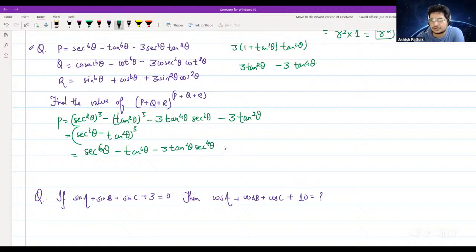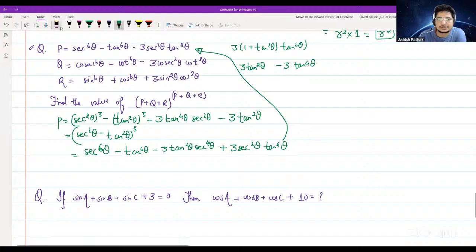And the next value you can write as plus 3 sec to the power 2 theta and tan to the power 4 theta. Once you solve, you will get the same value which is given here.